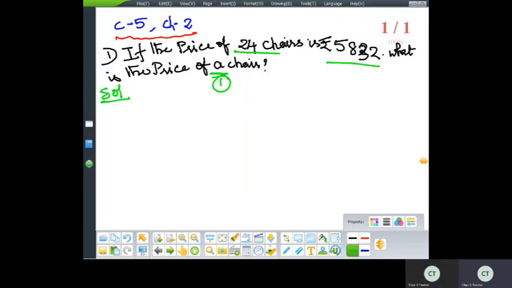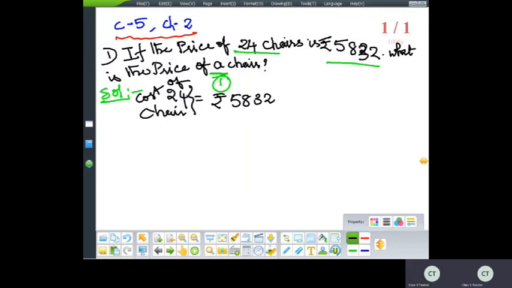Solution. Just see here children. Cost of 24 chairs is equal to rupees 5,832.